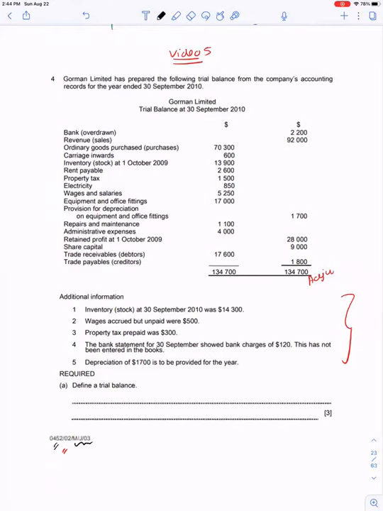What are we asked to do? We are asked to define what a trial balance is. Let's recall the definition.